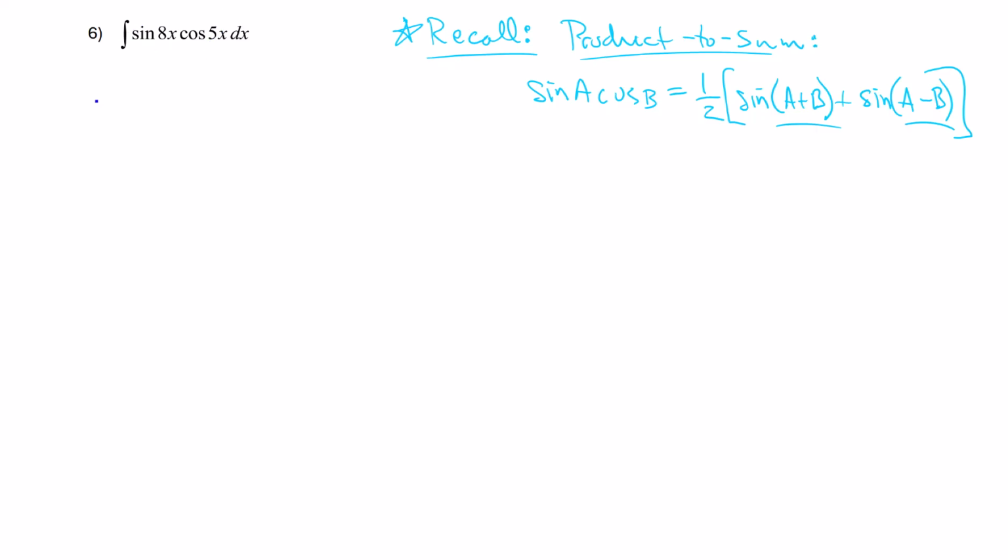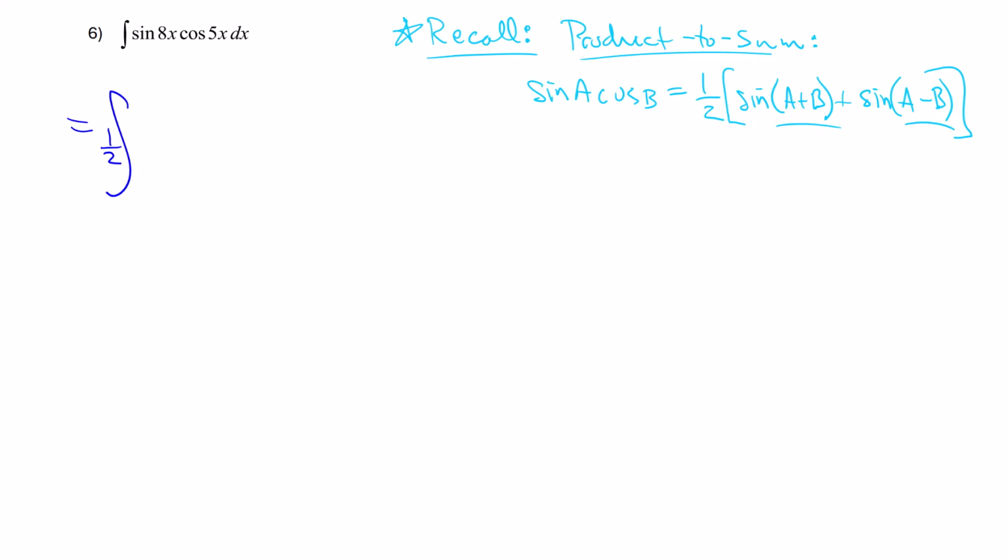All right, so then if that's the case, we can rewrite this problem in a more user-friendly way instead of the way it was given. This is rather the integral of. Now there's an extra 1/2. There's a 1/2 factor in front for this identity. I'm going to put that just out in front of the integral. As we know, constants can float out there to just look a little bit better.